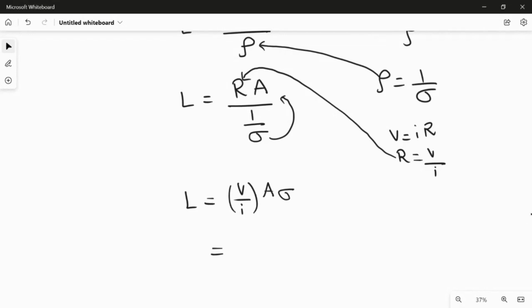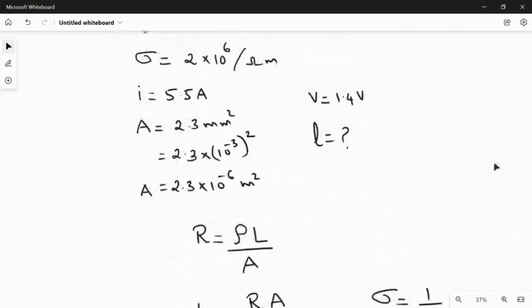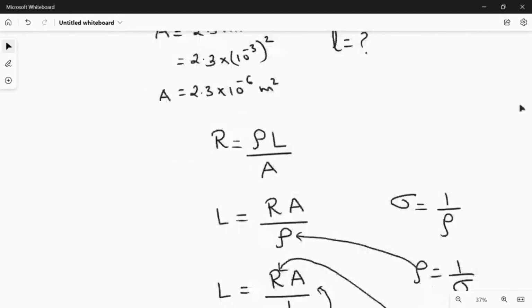So now I'm going to substitute the values. We have all the information. Voltage is there, current we have, and the cross-sectional area of the wire is given, as well as the conductivity. So we just read what is the voltage here, 1.4 volt, and the conductivity is 2 multiplied 10 power 6, and the current is 5.5 ampere, and the area is 2.3 multiplied 10 power minus 6.